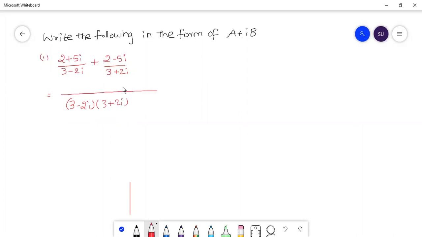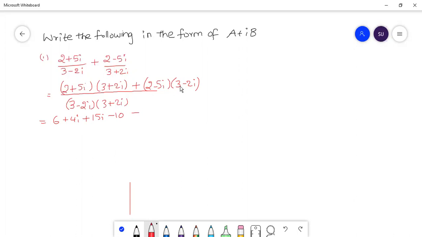And here you will get (2 plus 5i) into (3 plus 2i) plus (2 minus 5i) into (3 minus 2i), that is equal to, now multiply directly. 2 3s are 6, 2 2s are 4i, plus 15i plus 10i square. i square is minus 1, that's why it is minus 10.